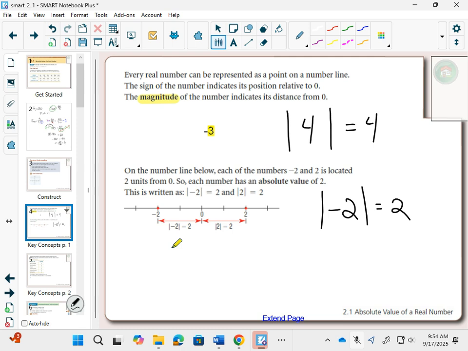Which is a good shortcut for doing math stuff, but it's always important to realize, where did this come from? So when I say, what's the absolute value of negative 10? It's asking how far away is negative 10 from 0? Well, it's such an easy math question. It's going to be positive 10. So I hope everybody's going to remember that absolute values change things positive.